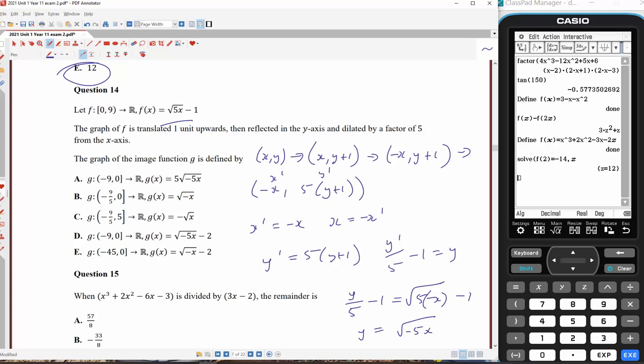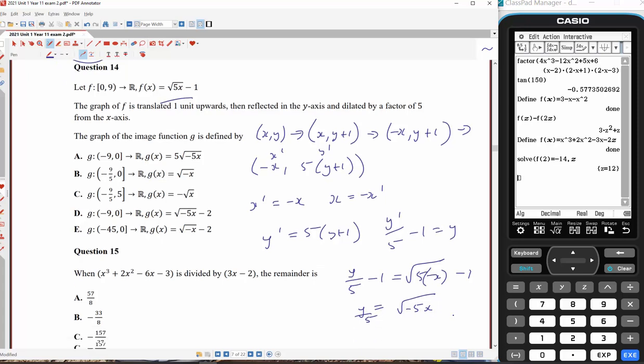Now what we'll do is we'll add 1, so it's y on 5, add 1, which chops out the 1, and then multiply by 5, y equals 5 root negative 5x. That one. And obviously we don't need to worry about the domain because that's the only correct answer. So that's the mapping method.